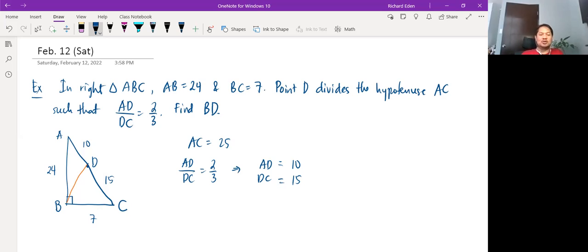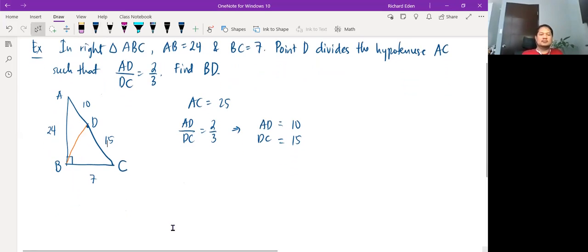I have an idea. Cosine law for the big triangle ABC. Since we know all of the sides, we can find angle BAC. Let's call this alpha.